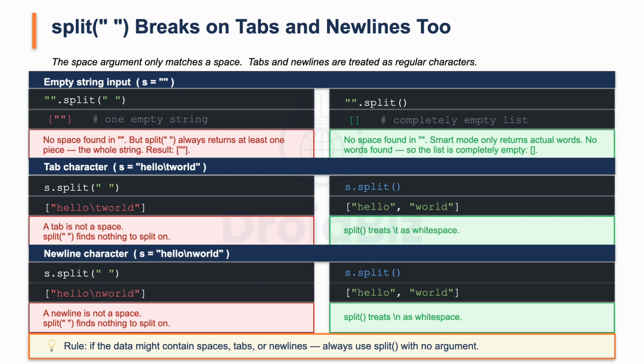Split with a space finds no space, never divides, returns the whole string as one item, with the new line still inside it. Split with no argument treats the new line as whitespace, splits on it, and gives you hello and world. The rule is simple. If your data might contain spaces, tabs, or new lines, always use split with no argument. It handles all of them.